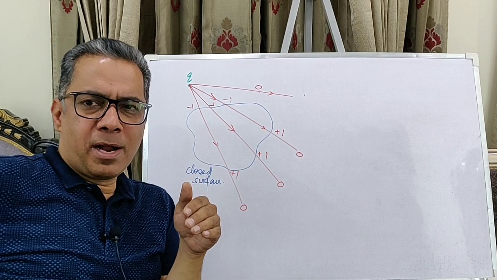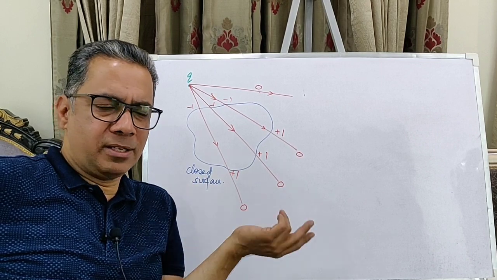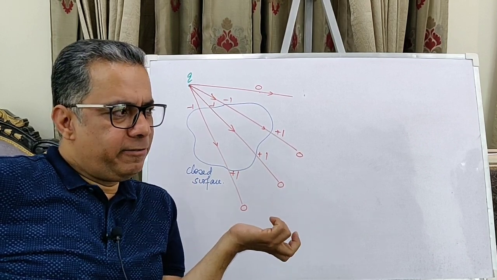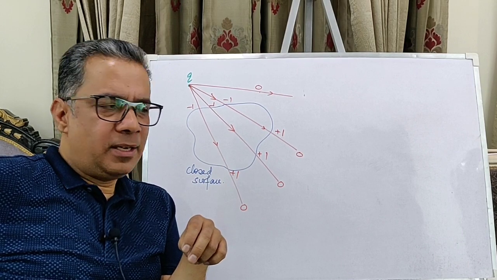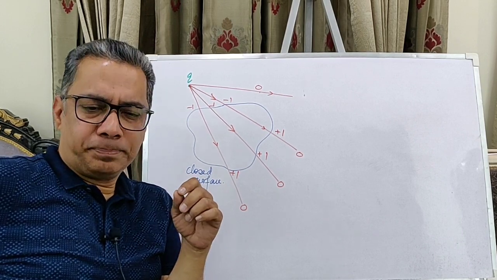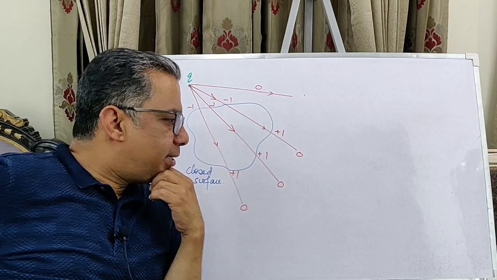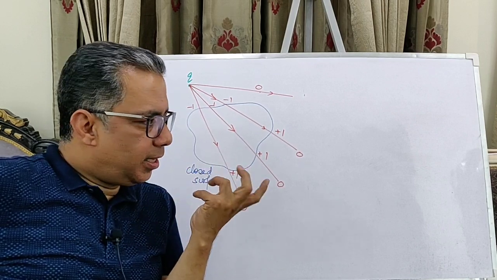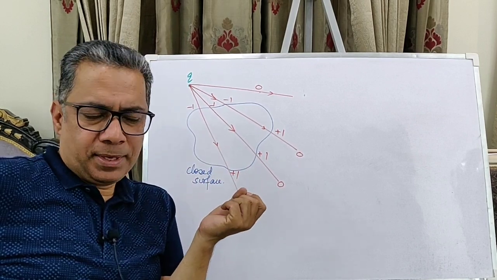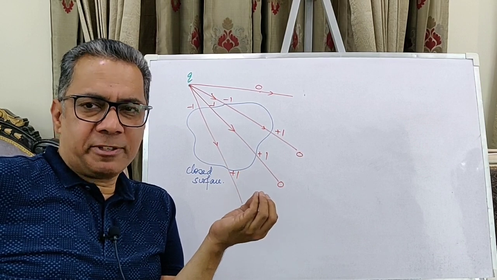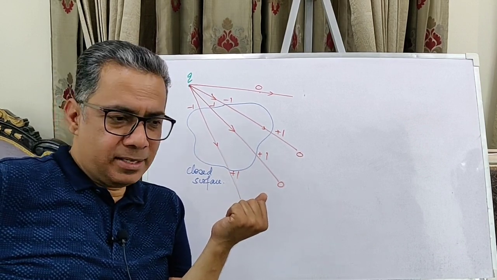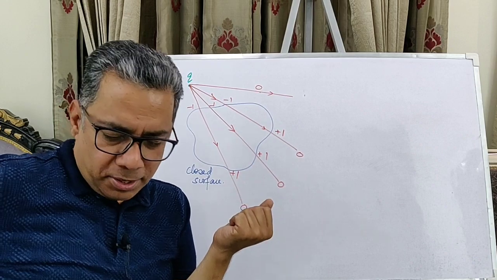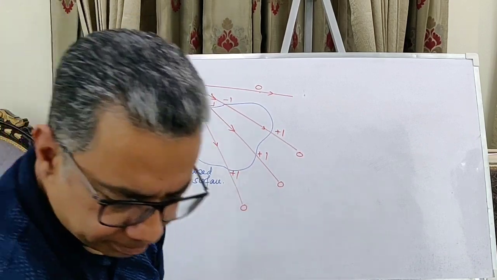And if the charged particle is kept outside the surface, then the flux through the surface would end up being 0. Now this statement of fact that I just made is actually called Gauss's theorem.